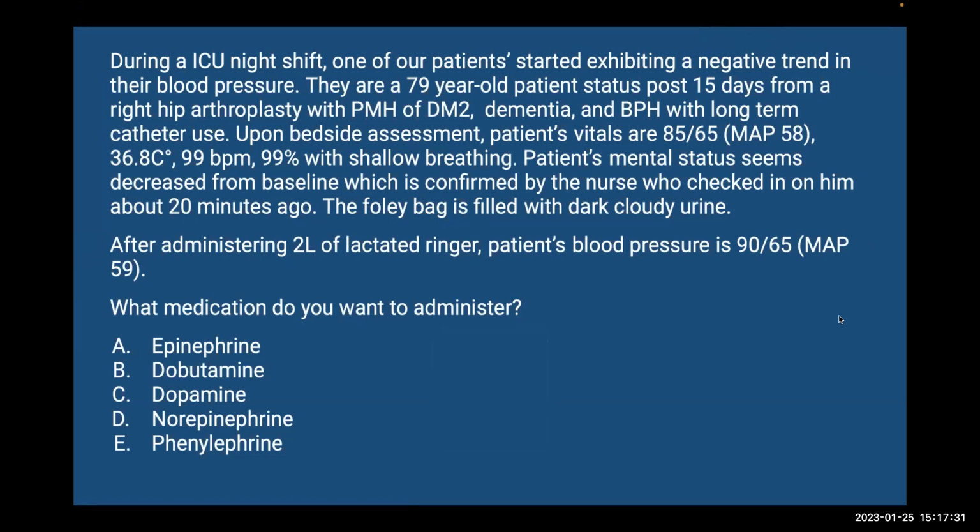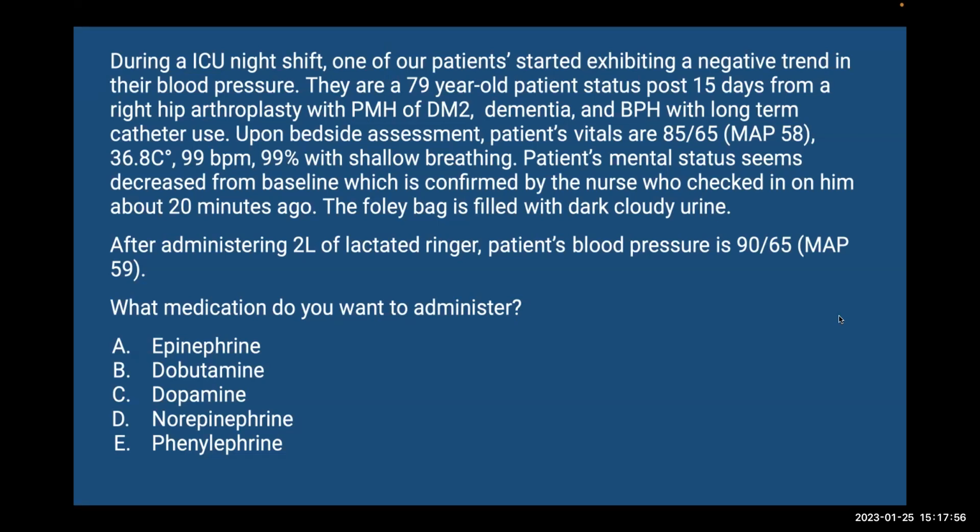Bedside assessment, patient's vitals are 85/60 with a MAP of 58, temperature of 36.8 degrees Celsius, heart rate 99, and satting at 99 with shallow breathing. Their mental status seems decreased from baseline, which is confirmed by the nurse who checked in on him 20 minutes ago. The Foley bag is filled with dark, cloudy urine.